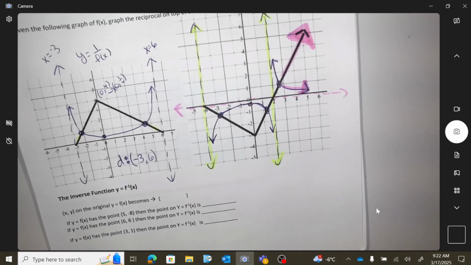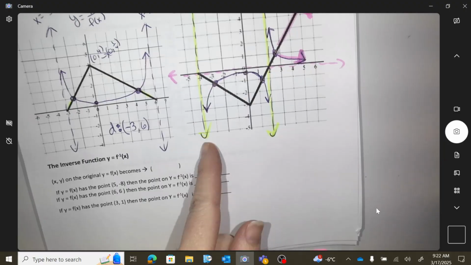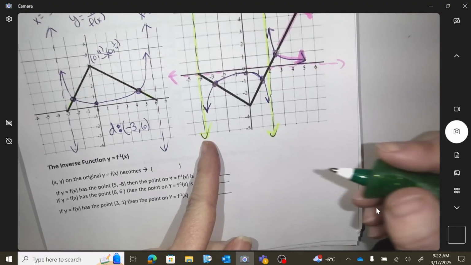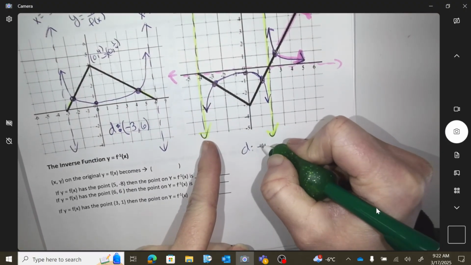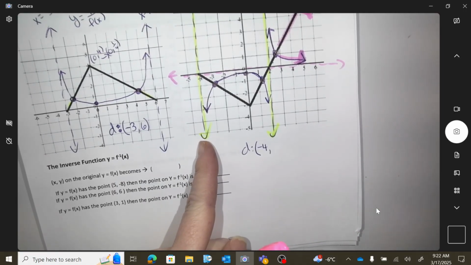Okay, let's talk about domain. This one's a little bit trickier because there's a bunch of stuff going on. Start me on the left-hand side. What's the leftmost I go? -4? Okay, so get me at -4 round bracket. Where can I go to?